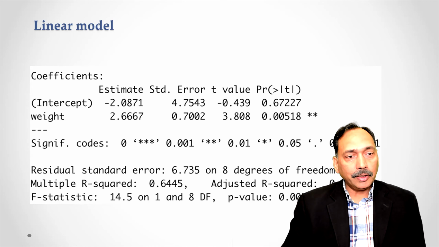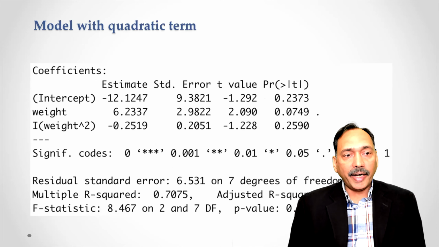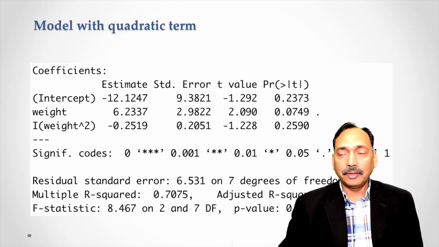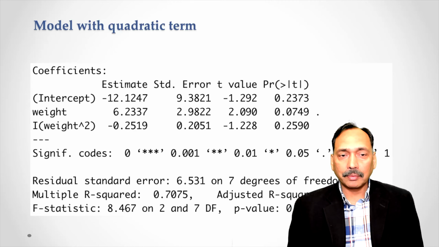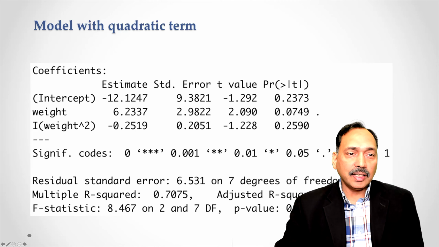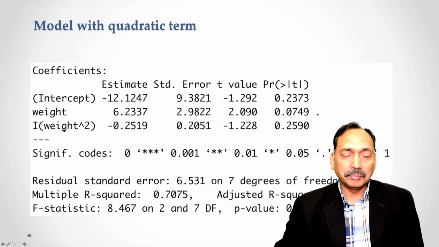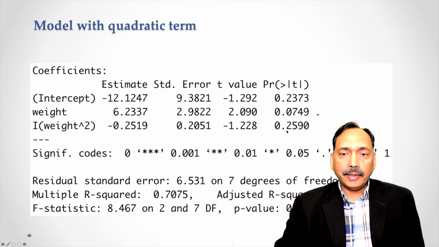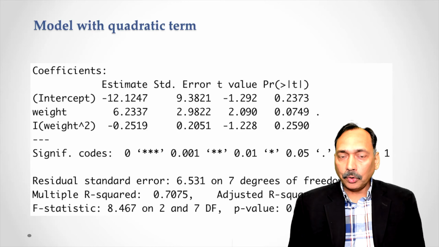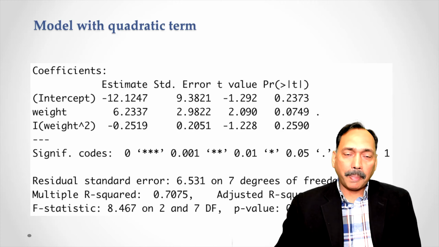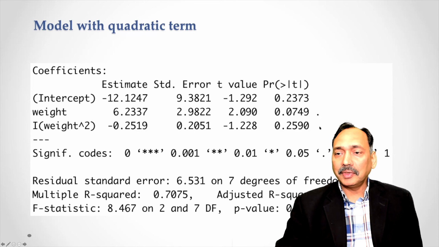But if you include the square term or quadratic term, like y equals intercept plus b1x plus b2x square, this is the square term that I have added. Although on the graph it looked as if it is doing better, statistically there is no proof, because the p-value is 0.25.